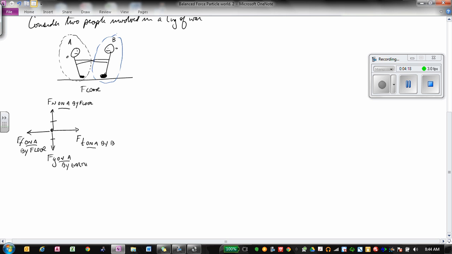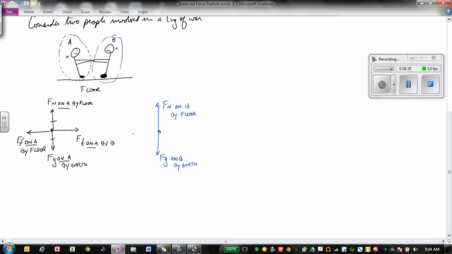It's like a mirror image. But here's what we have. We have Fg on B by Earth. We have Fn on B by floor.